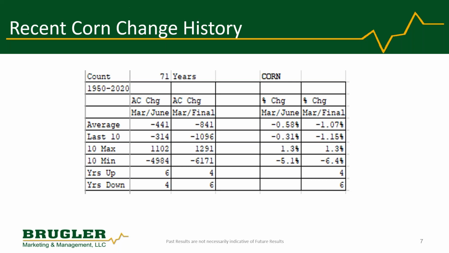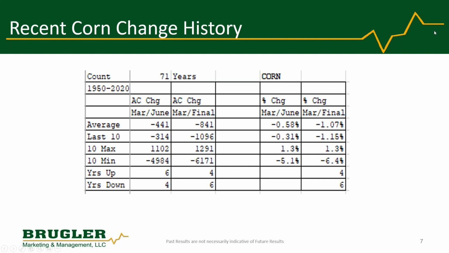The average from March to final is a reduction of 841,000. That's because weather causes changes in planting intentions. In the last 10 years, those switches have been a little different. You can see the numbers there. Again, we think at this point, as long as it stays on the dry side, the bias will be towards more acres.